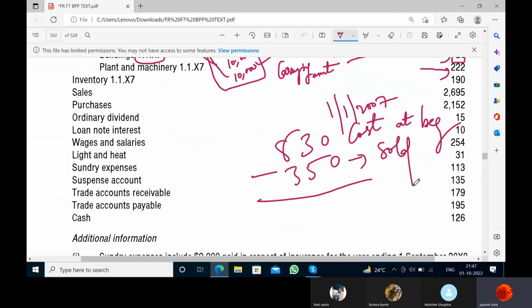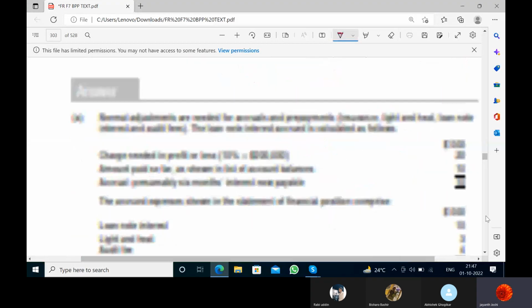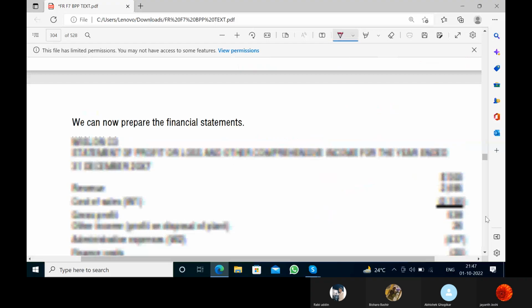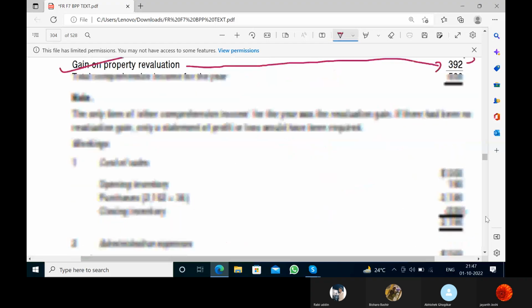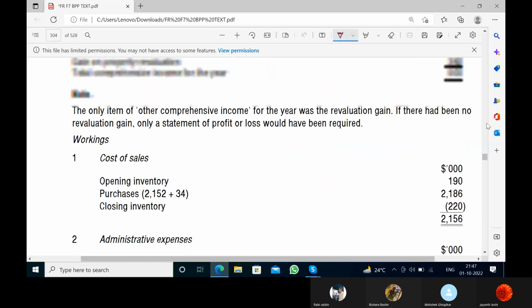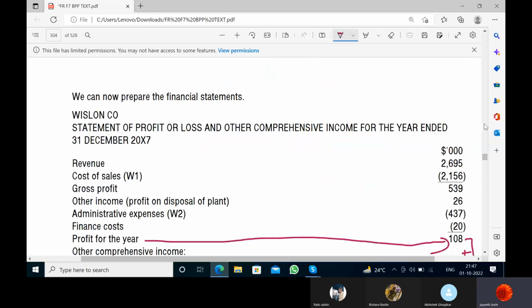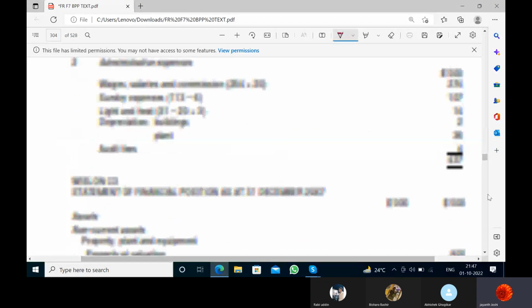So now you are left with how much value? We'll do 830 minus 350, which is 480. Okay, so that is given here. $480. Okay, we are in the balance sheet.